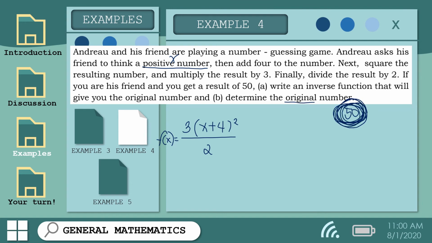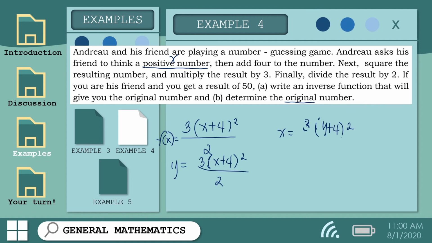So, first step, y is equal to 3 times the square of x plus 4, divided by 2. So, interchange na po natin yung variable x and y natin. That will give us x is equal to 3 times the square of y plus 4, divided by 2.